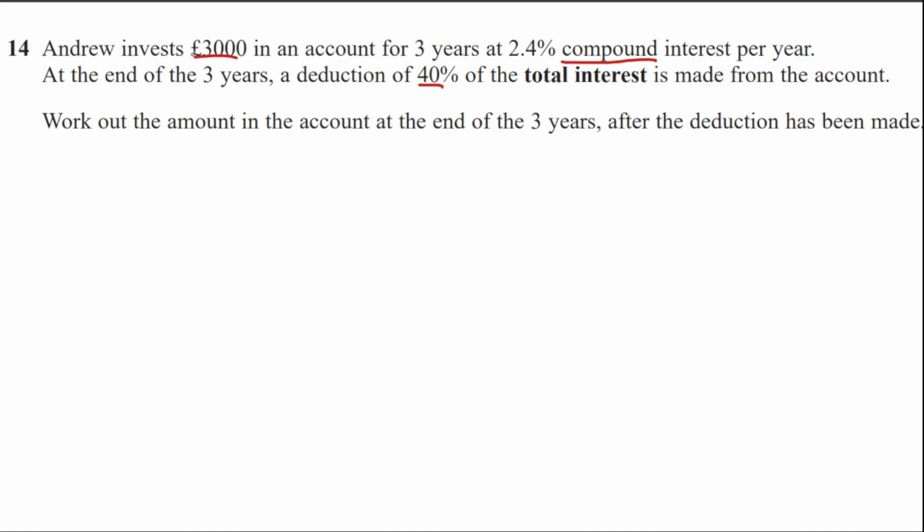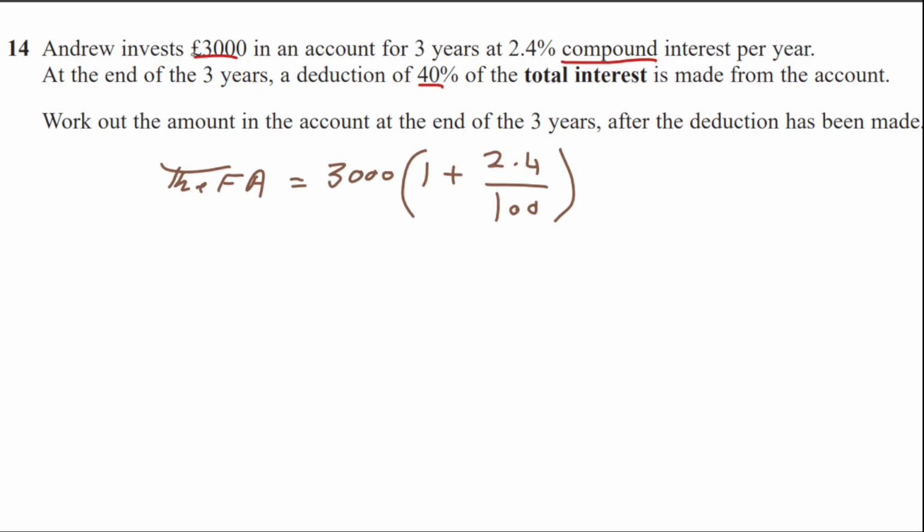So let's do that. The compound interest formula, you need to know this: the final amount is equal to the original amount, which is 3,000, times 1 plus, if it's an increase it's plus, if it's a decrease it's minus, the percent, 2.4, divided by 100, and raise all this to the power of the years.